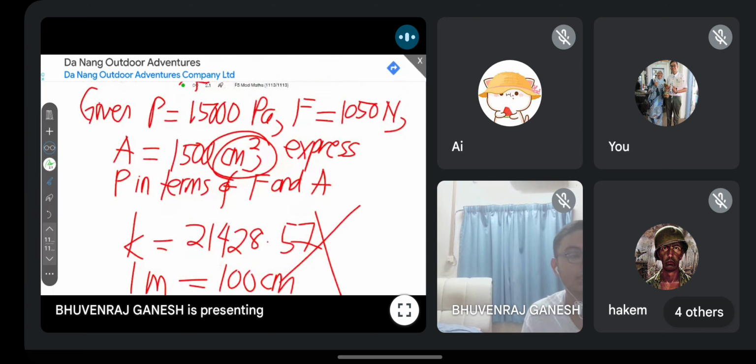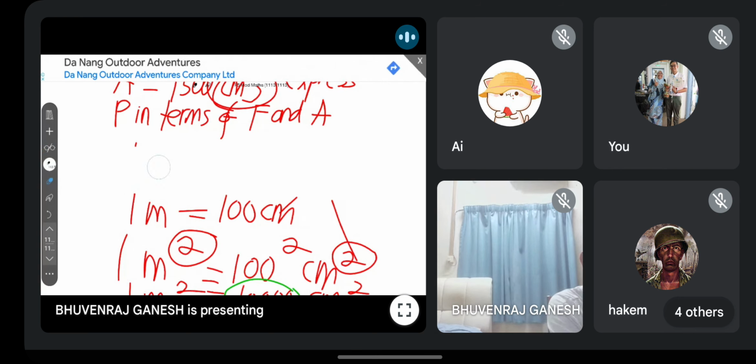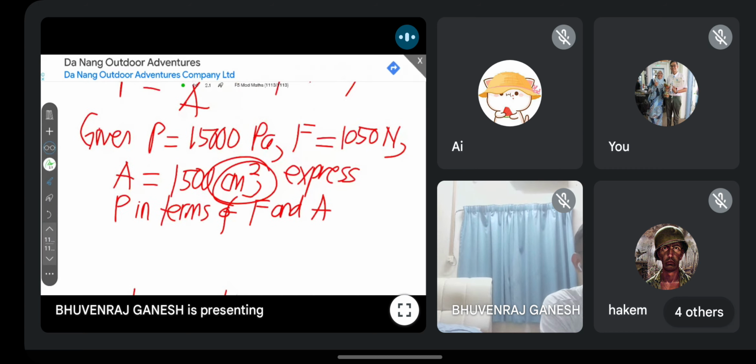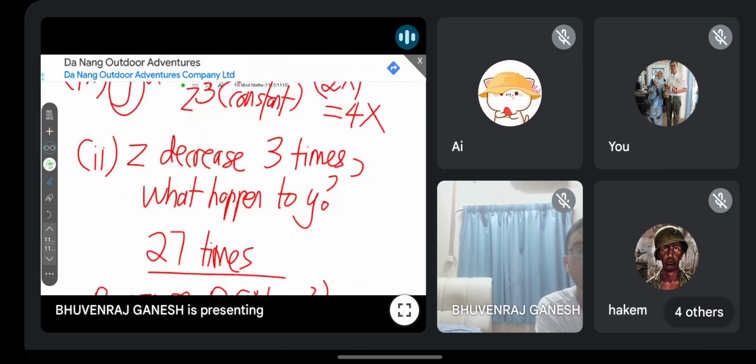So now, based on this, you can count the K value. Kamu boleh kira nilai K. Okay, this one is wrong one because you must do the conversion. Okay, so from here, you got P is 15,000 equals to K, 1050 bahagi. Make sure you substitute 0.15 here, bukan 1500, because the question already tell you it is in meter square.